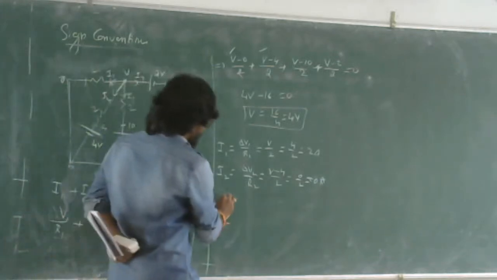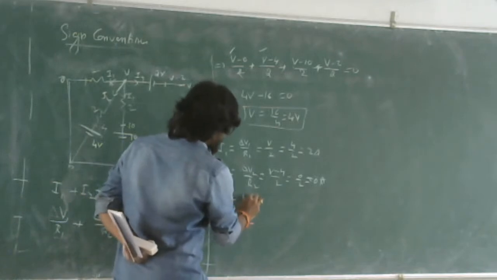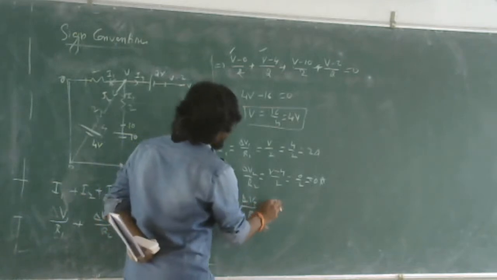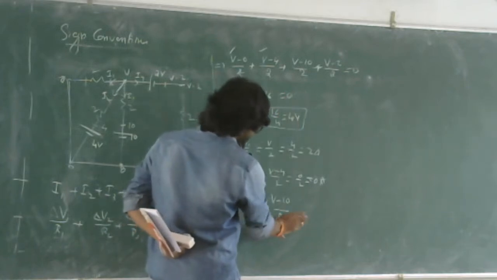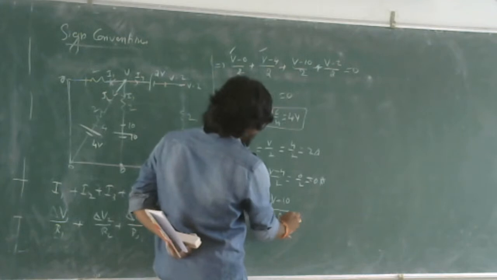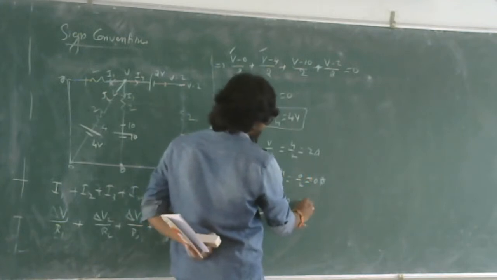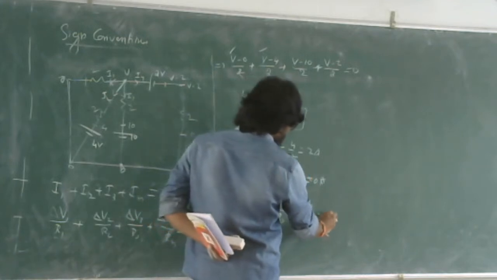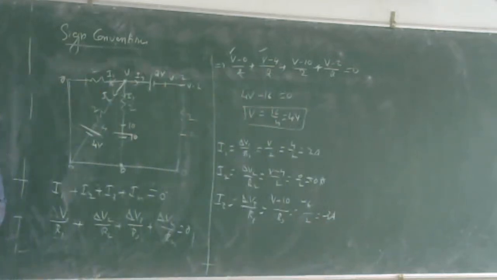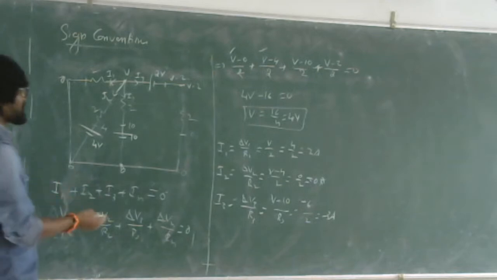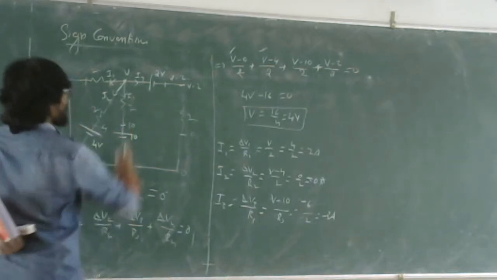Okay. Next, I3. I3 is equal to delta V3 by R3, where delta V3 is V minus 10. V is 4, so 4 minus 10 is minus 6, by 2, which is minus 3 ampere. What is this minus? The direction is reverse. The negative sign says that the direction is reverse, meaning the current is going in this direction. Why?